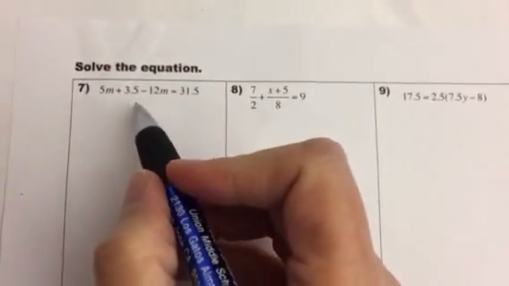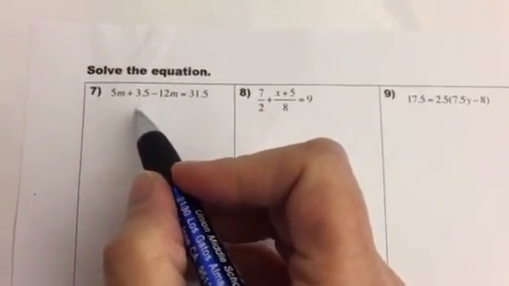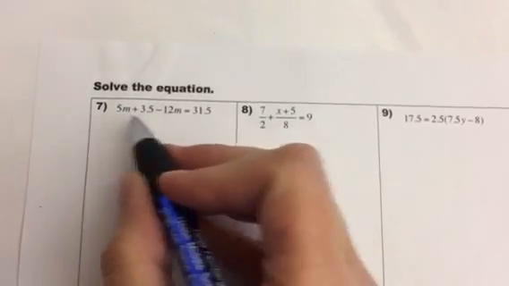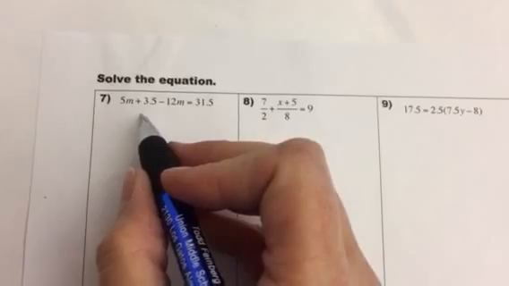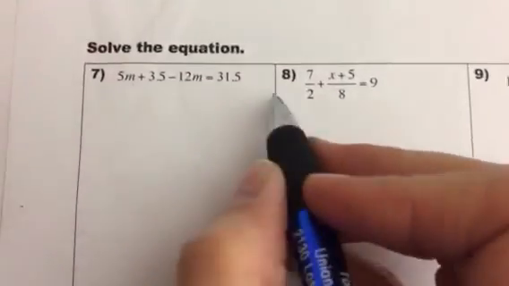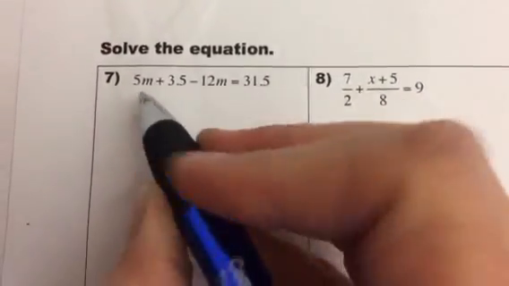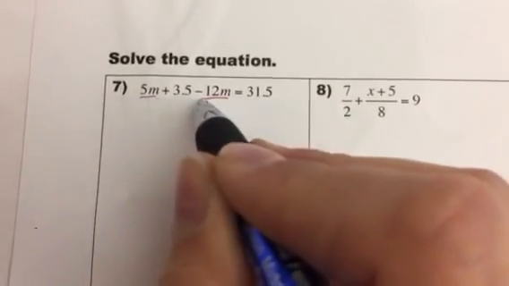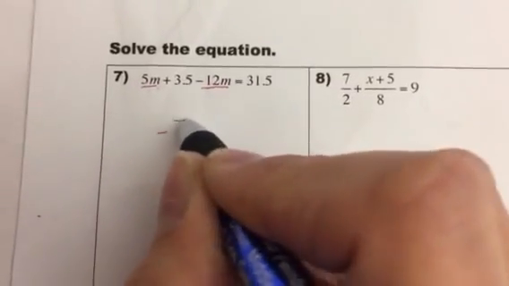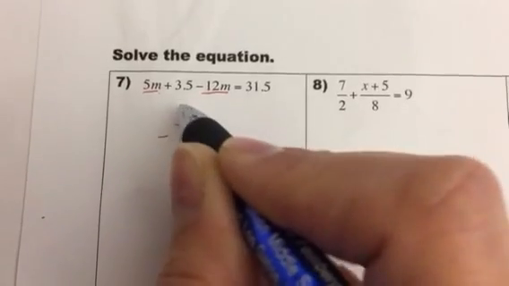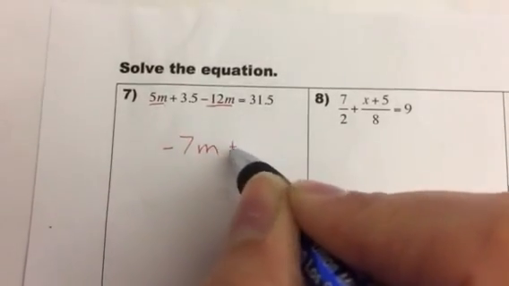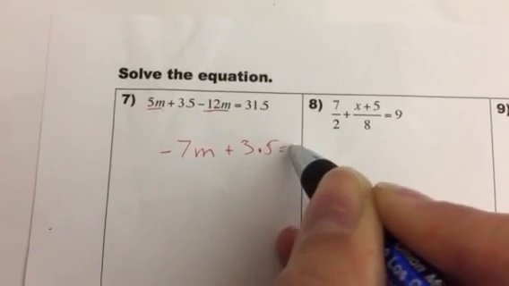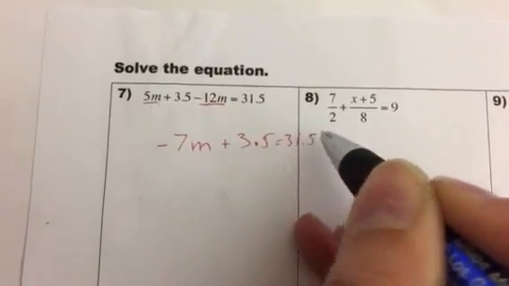So here I am solving an equation, so I'm solving for m. I need to basically get all of my m variables together on one side of the equation and all of my constants on the other side. So I'm going to start by recognizing that I have 5m minus 12m, which is a negative 7m, plus 3.5 is equal to 31.5.